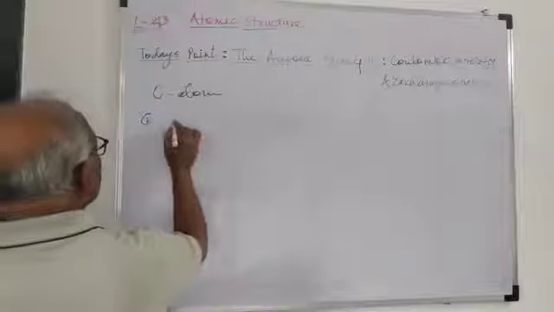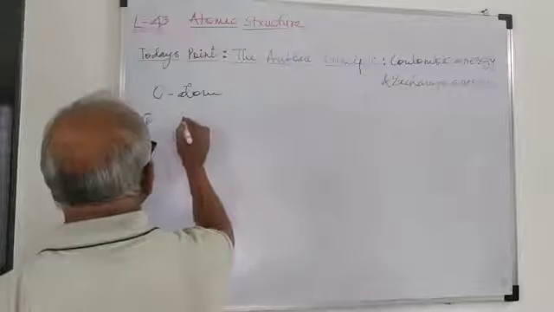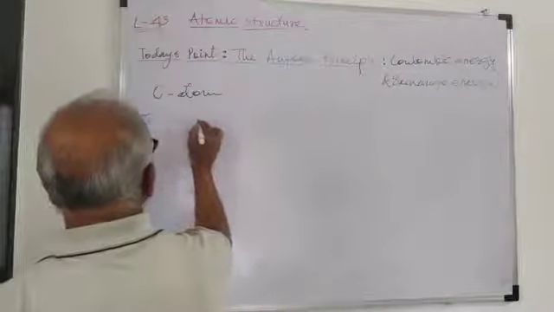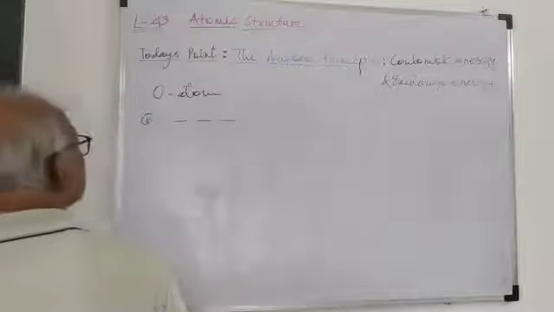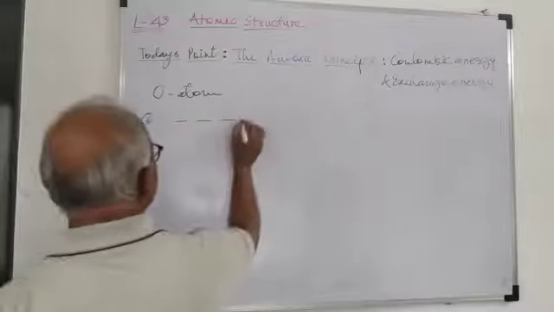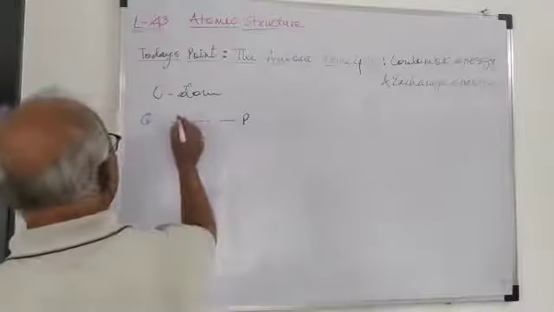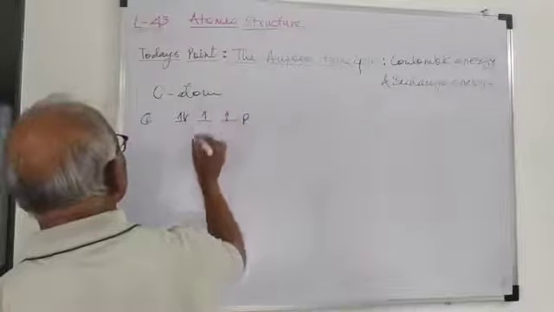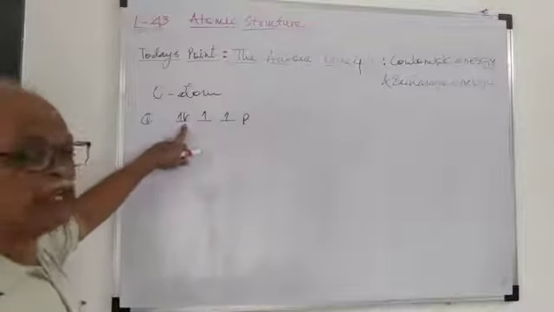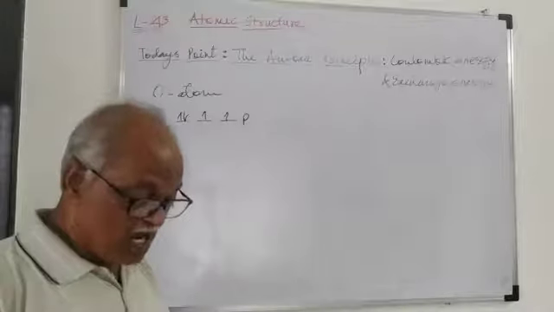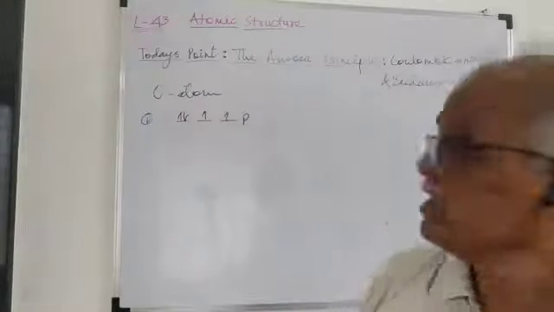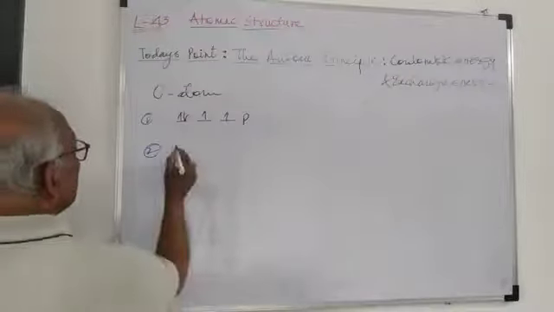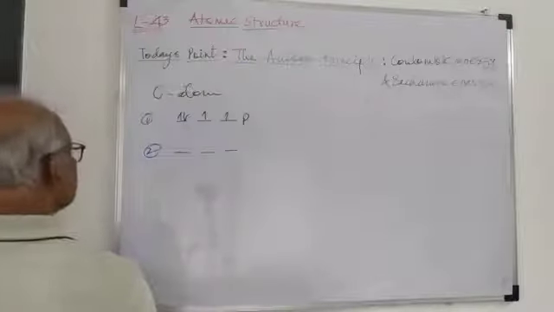Situation number 1 shows that we are having 4 electrons and there are these p orbitals, and these 4 electrons are distributed like this. 2 electrons go in with pairing, and 2 electrons are going in the unpaired state. So this is situation number 1. Then we are having situation number 2, where the distribution is different.